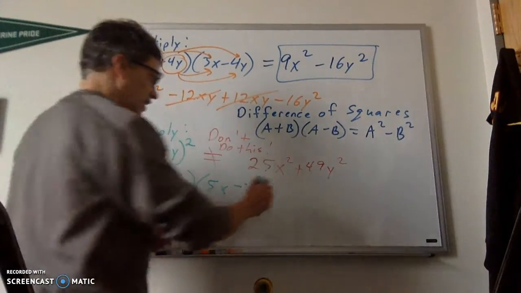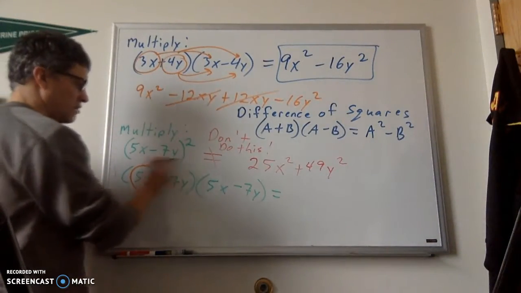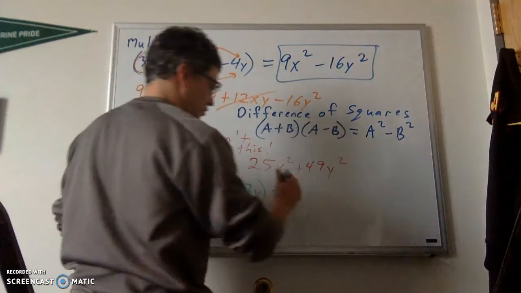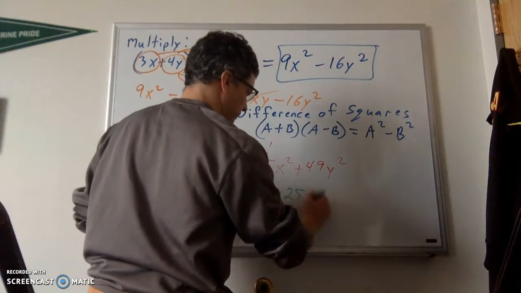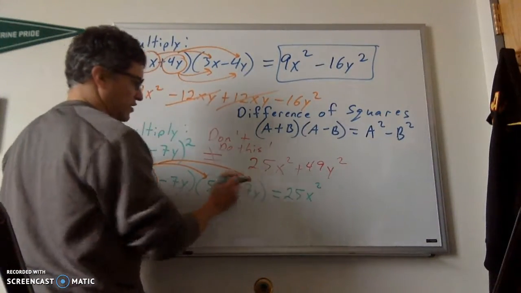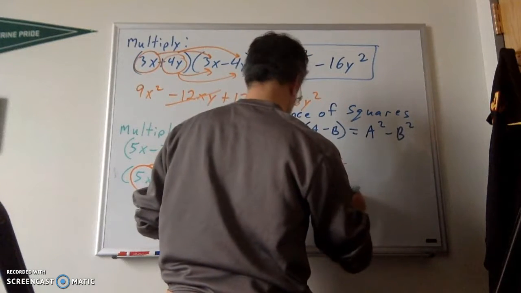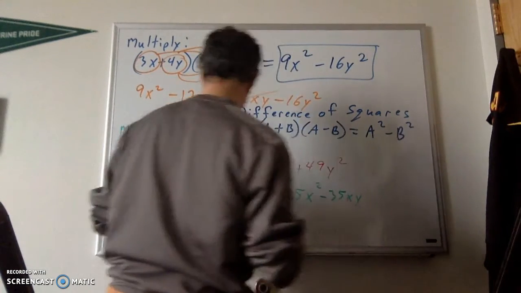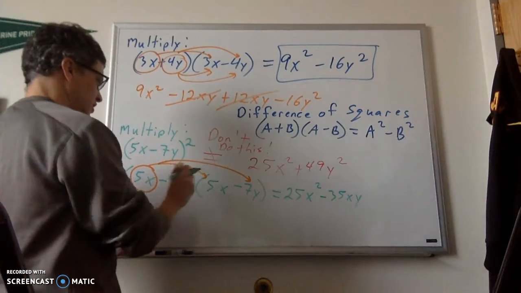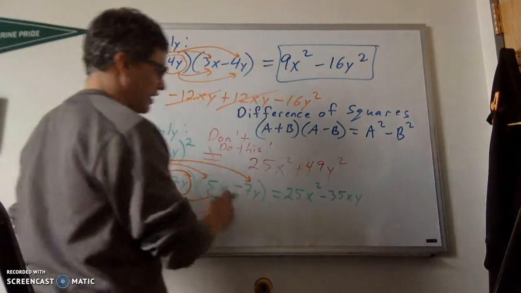Well, let's go ahead and show what's happening. I'm going to have the 5x times the 5x, which is 25x squared. And I got 5x times a negative 7y. That's a negative 35xy. And then let's do the inside. Negative 7y times 5x.